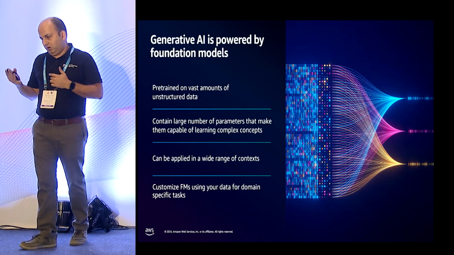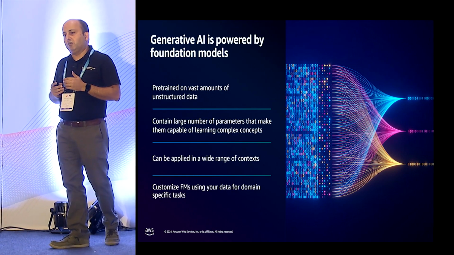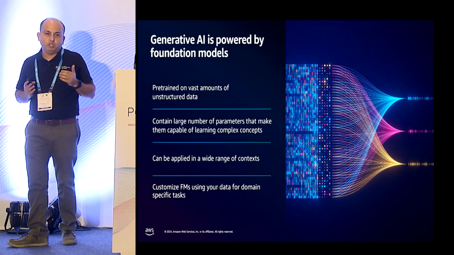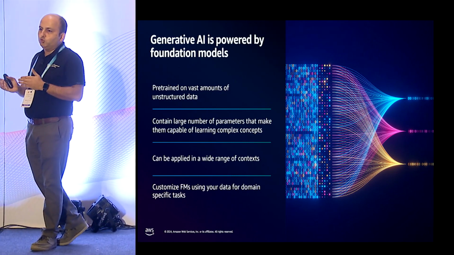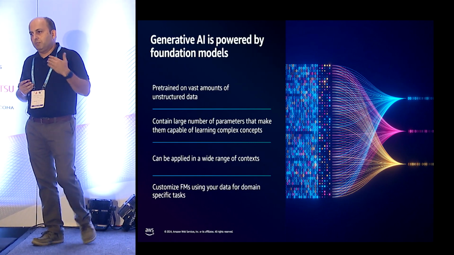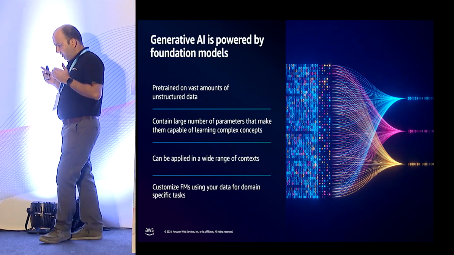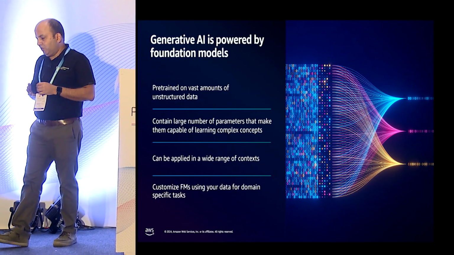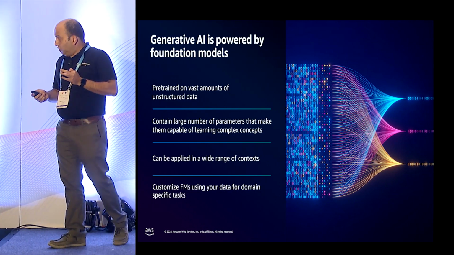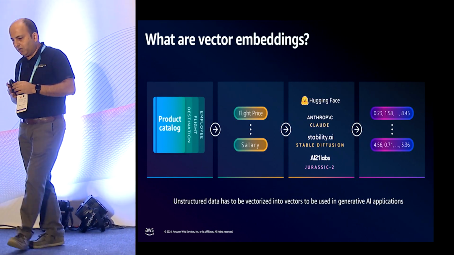And on top of the generalized data, you can further fine-tune your model with additional data and use it for your domain-specific application, so that you can leverage the ready-to-use pre-built model, further fine-tune it, adapt it to your business use case and build your own application. And these foundational models are basically a set of neural networks which are trained on billions and trillions of parameters. So now we understand that at the core, the foundational model is there.